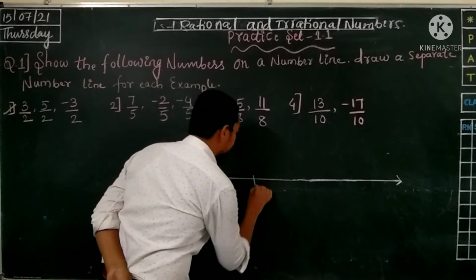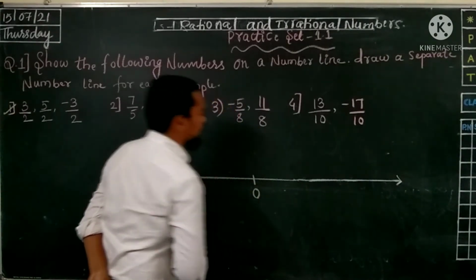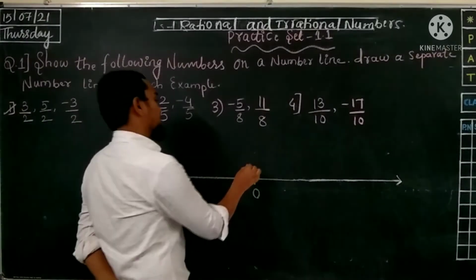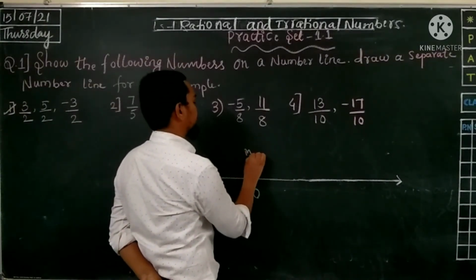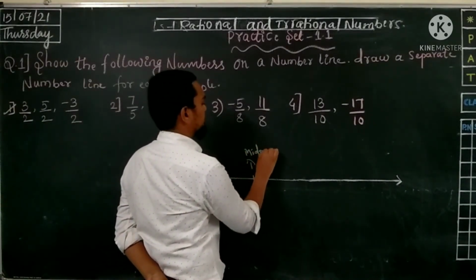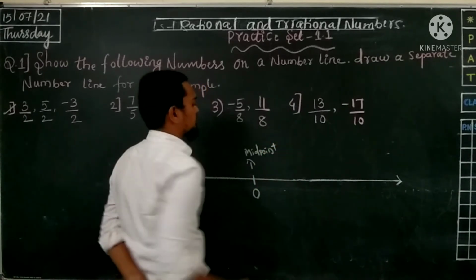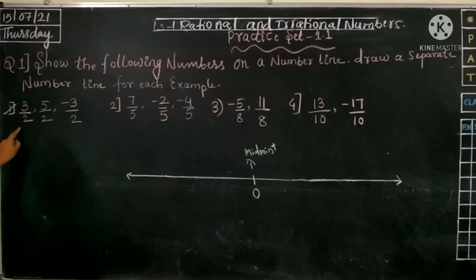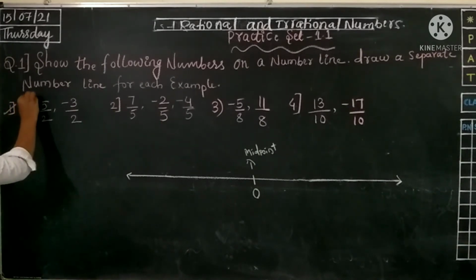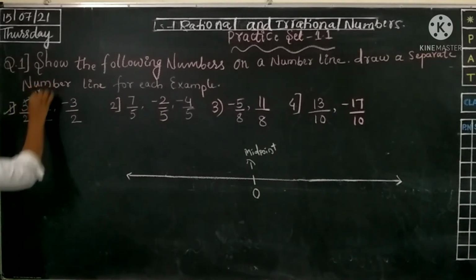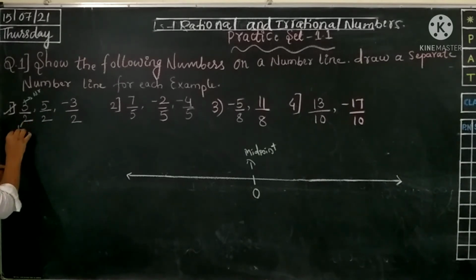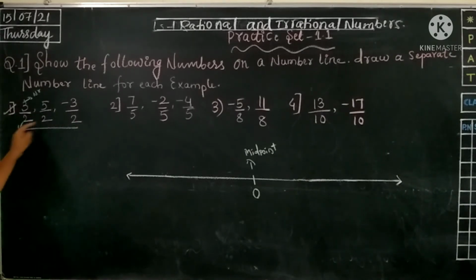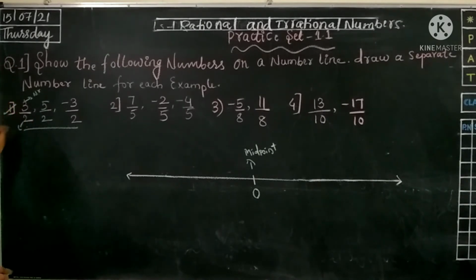Here, first, 0. 0 is the midpoint. Next, the denominator is given: the numerator is 3 and the denominator is 2.